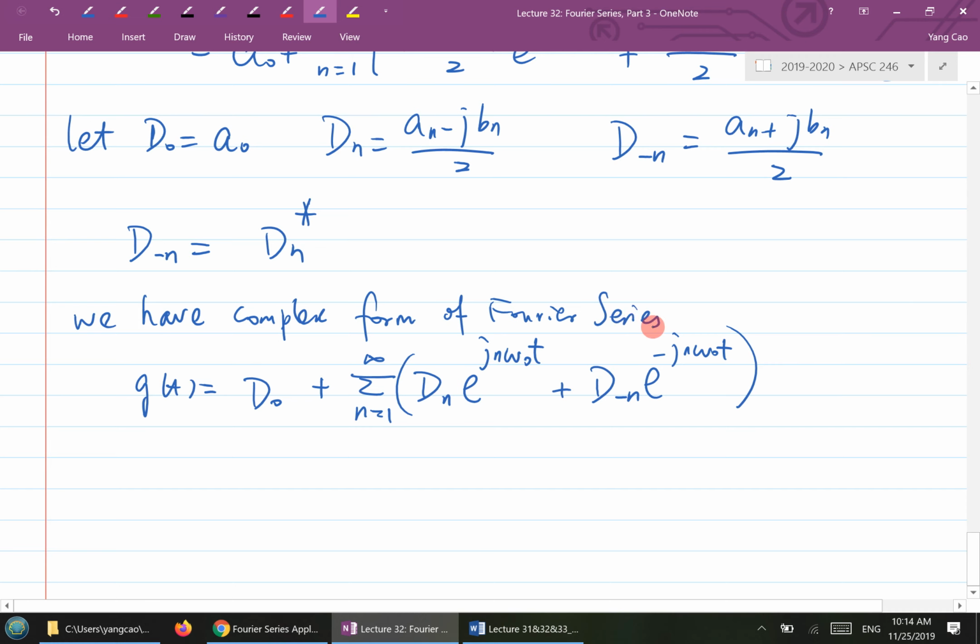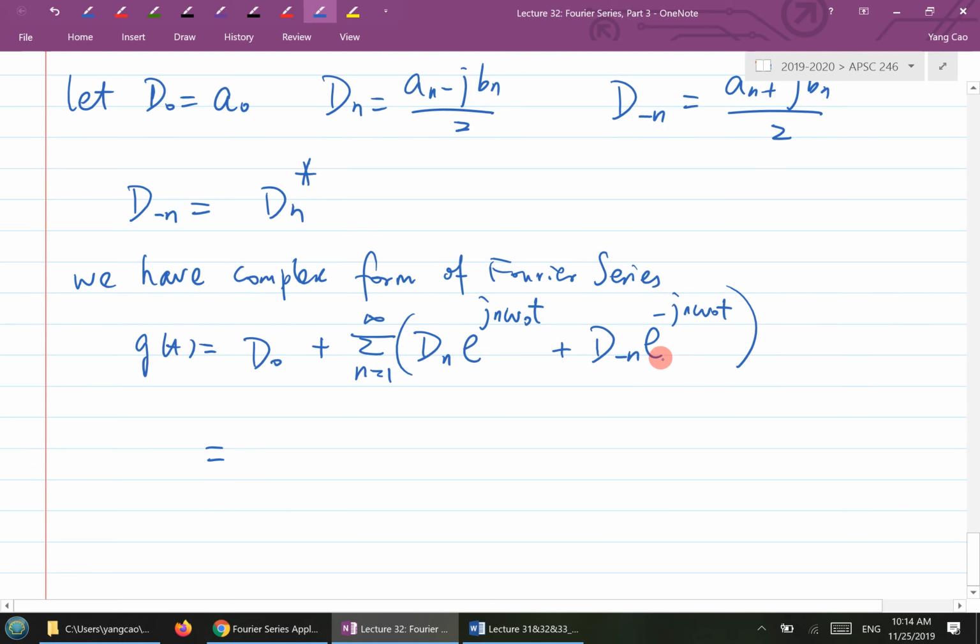Now we can do one more step of simplification in terms of symbols here. Instead of n starting from 1, we can take off this d naught and let n start from negative infinity. What's in the bracket can be simply dn e to the power of j n omega naught t.